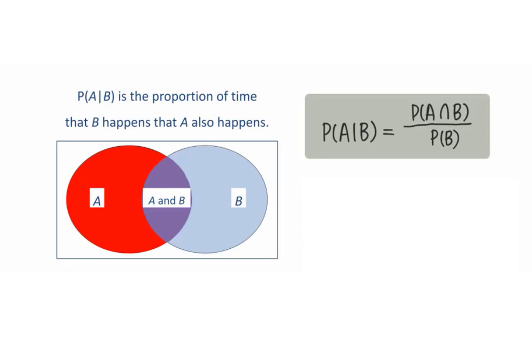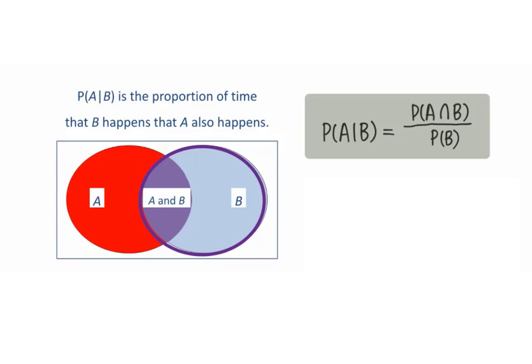Let's refer to the following Venn diagram as an illustration of why this formula makes sense. We have a Venn diagram representing our events A and B. The rectangle represents the entire sample space omega. We would like to know the probability of event A given that event B has occurred. We are given that event B has occurred, so that reduces the sample space down to just event B. So our total outcomes to be considered is reduced.